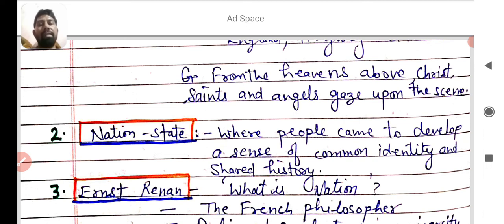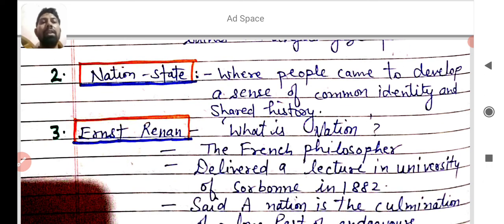Ernest Renan. Firstly, a question will be in your mind, sir, who is Ernest Renan, and what is the motive of telling us about Ernest Renan? You know that Ernest Renan is a French philosopher.